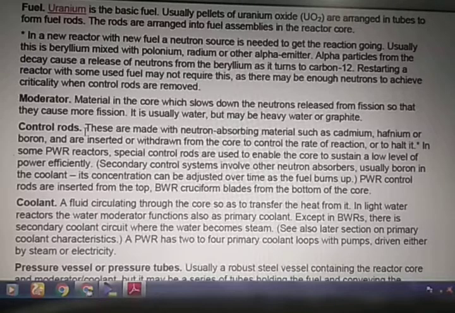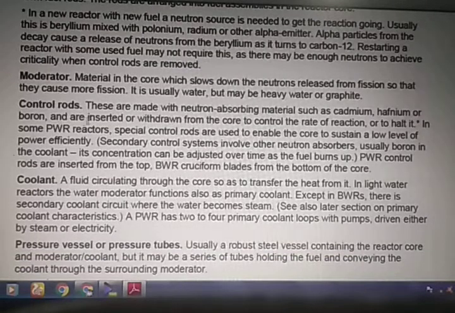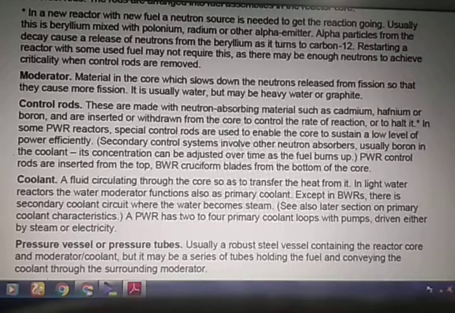Another important component is the control rod. These control rods are neutron absorbing material, normally cadmium, boron, hafnium. These types of elements are used. This control rod is also used to control the rate of reaction.